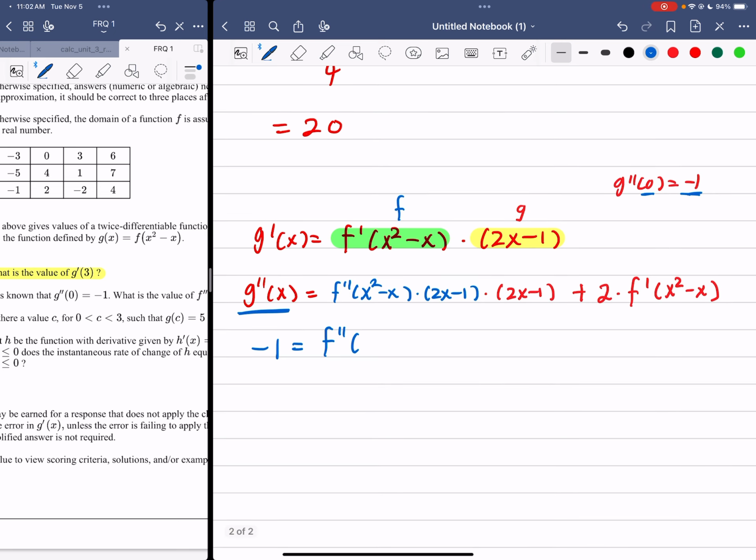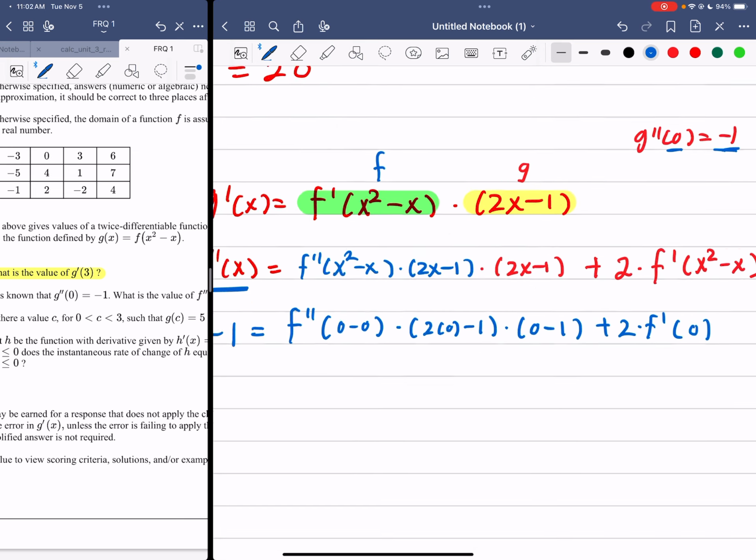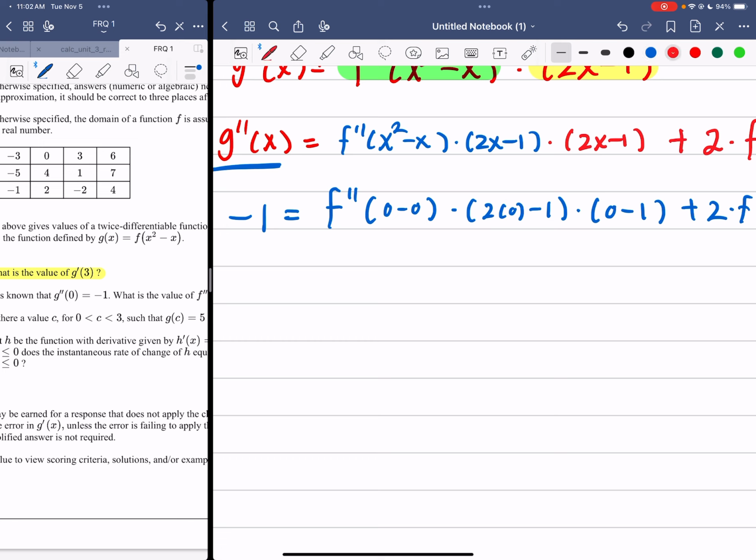So it's going to be 0 minus 0 times 2 times 0, times 0 minus 1, plus 2 times f prime of 0 minus 0, so I'll just put 0, because instead of writing two zeros, it's weird.